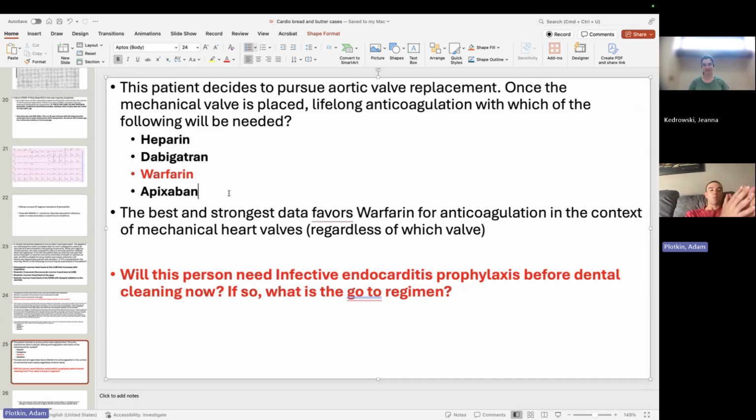And remember, when we start a patient on warfarin, we usually bridge them, usually with heparin, right? Because oftentimes factor 7 has a very short half-life, and protein C and protein S also have a very short half-life. But there are patients who might have protein C or protein S deficiency.